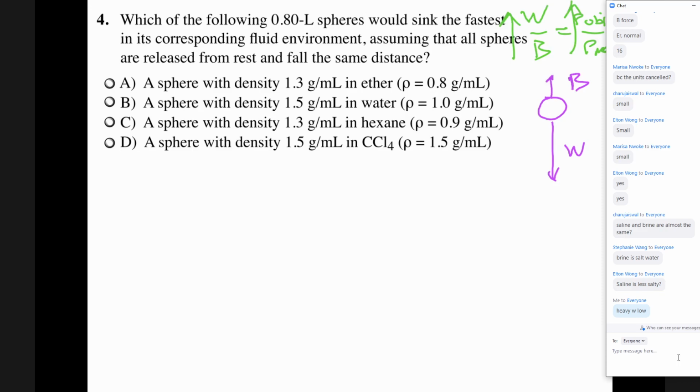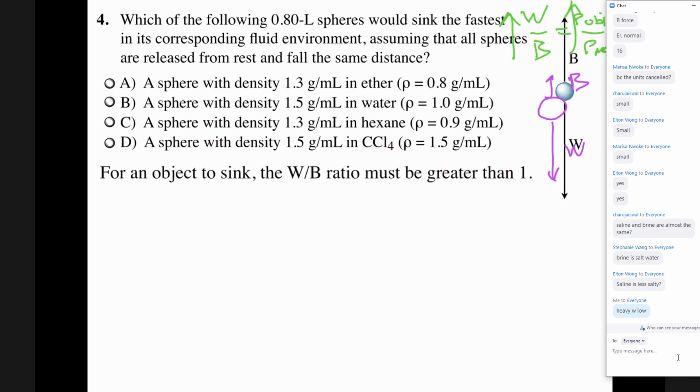What's your worst answer? What's the first answer and easiest one to eliminate? D, exactly. So it has to be greater than 1, otherwise it'll just hover. So D is out. And then is there any answer I can get rid of with relatively little math? What is the most pain-free one to eliminate at this point?